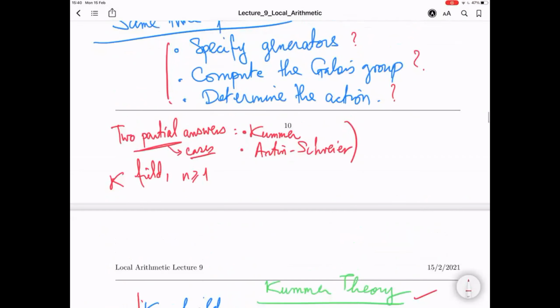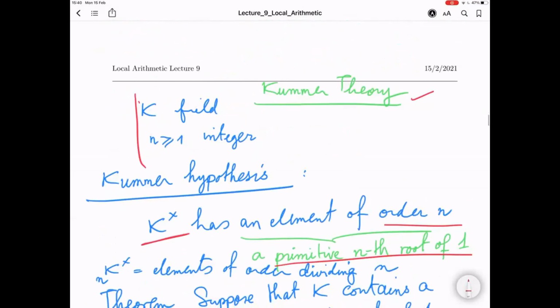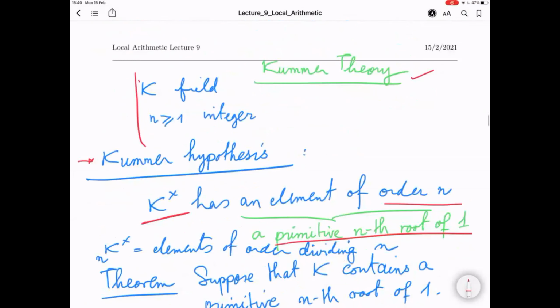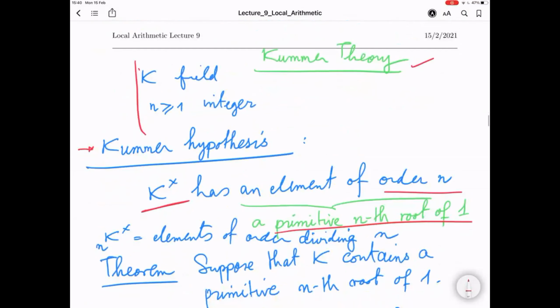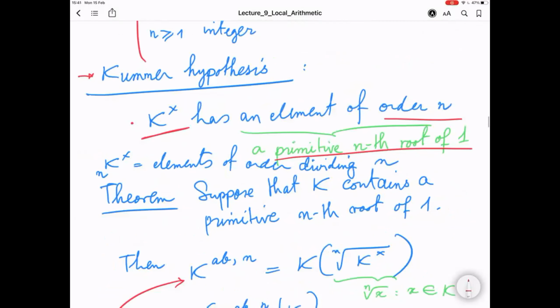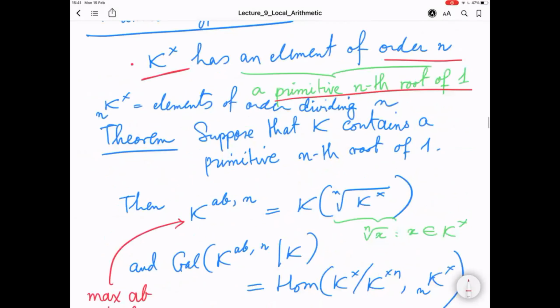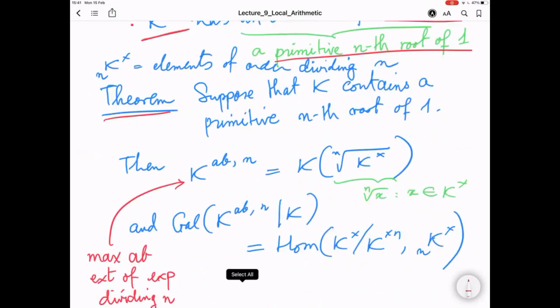And the first case is when the Kummer hypothesis is satisfied, which says that K has an element of order n, or a primitive nth root of unity. And in this case, here is what the theorem is. You denote by K^*[n] the set of all elements of order dividing n.